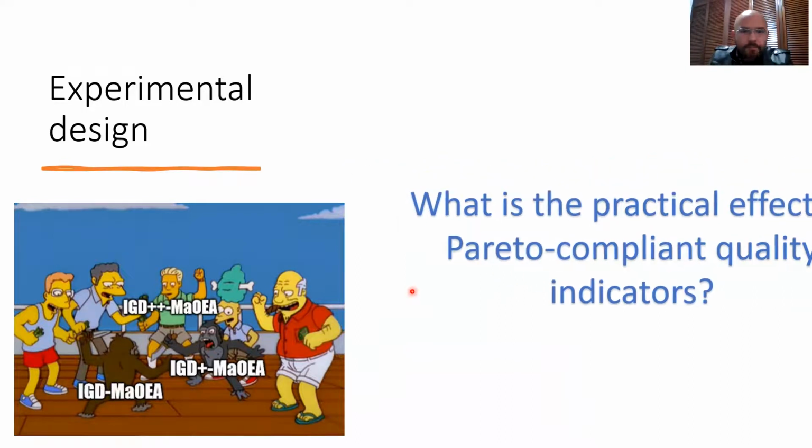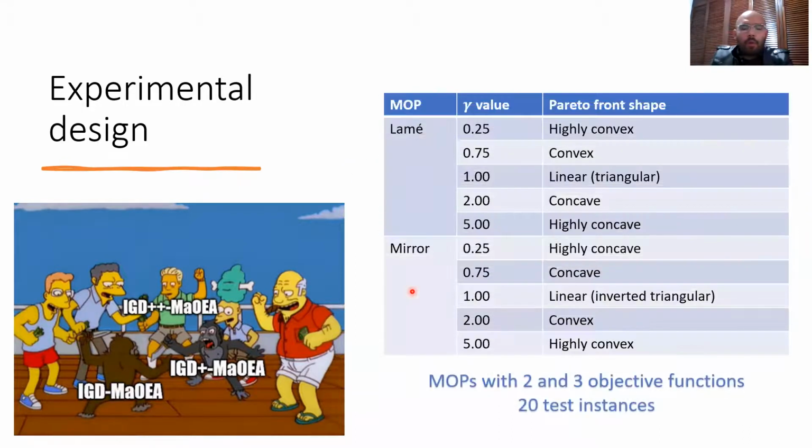quality indicators? To this aim, we will use multi-objective optimization problems from the Lamé superspheres benchmark, and we will have the Lamé problems and the mirror problems, the ones that are inverted, using different values for the gamma parameter that defines the Pareto front shape.